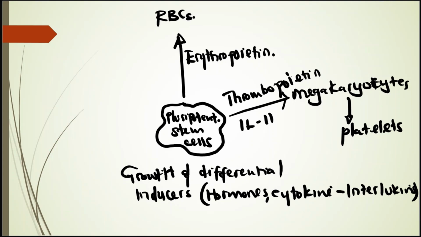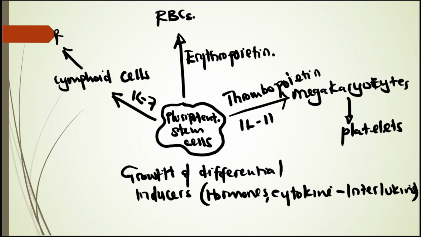If you want to produce lymphocytes, interleukin 7 will tell the pluripotent stem cell to differentiate into the lymphoid cell. From this lymphoid cell, the B lymphocytes and the T lymphocytes are then produced.